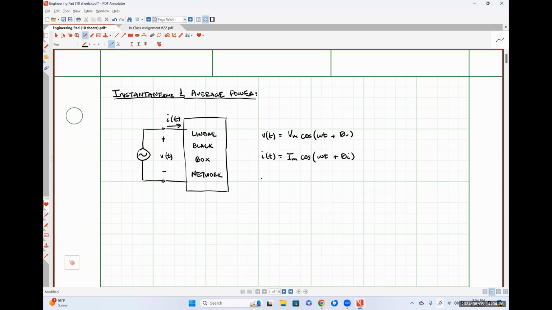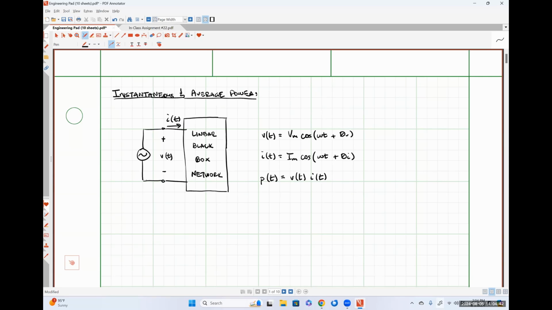And our instantaneous power, that is our power as a function of time, is simply going to be the product of that voltage waveform v(t) and that current waveform i(t).